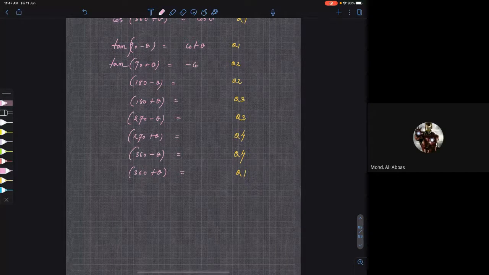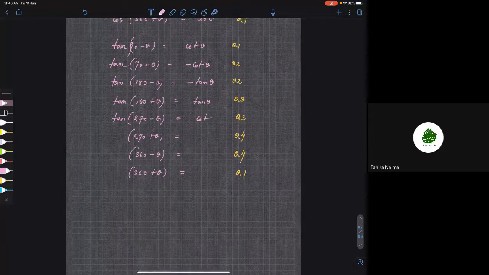Minus cot theta. Tan of 180 minus theta? Minus tan theta, because it is in the second quadrant. In the second quadrant, tan is negative. Okay. And what is tan of 180 plus theta? It is plus tan theta, because in the third quadrant it is positive. So what is tan of 270?